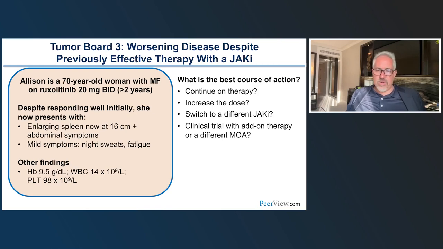And obviously the decision to go on a clinical trial is a personal one, based on access, distance that one has to travel, and other pieces. But certainly, navitoclax, pelabresib, any of those clinical trials with add-on would be very reasonable. But I know these folks are out there and they don't all go on trials. So for those that aren't using fedratinib or pacritinib yet, I think certainly they should be considered in these sorts of circumstances.